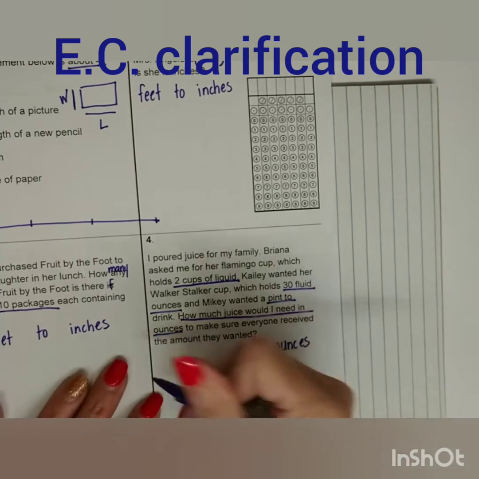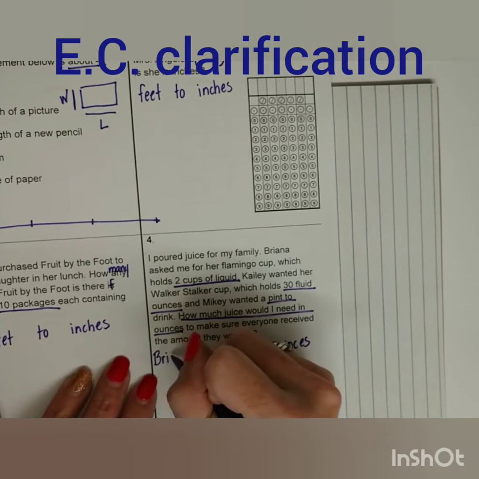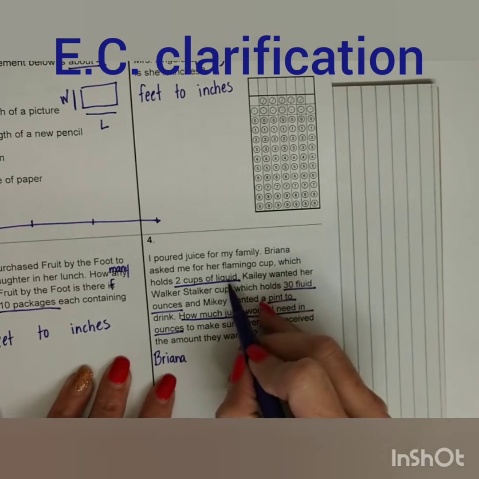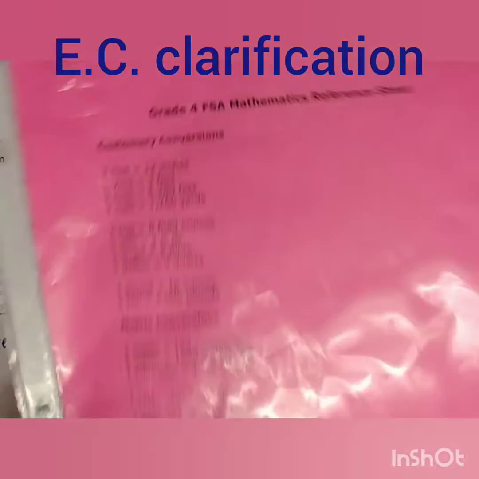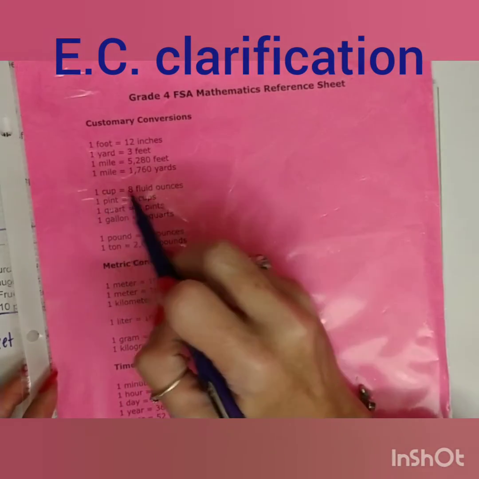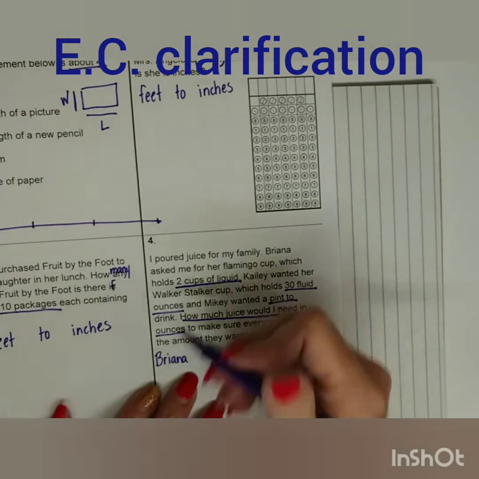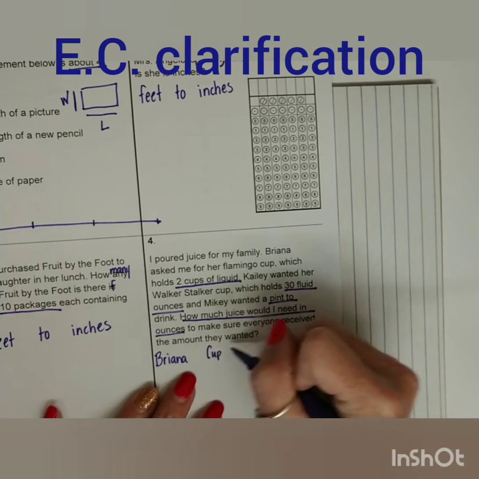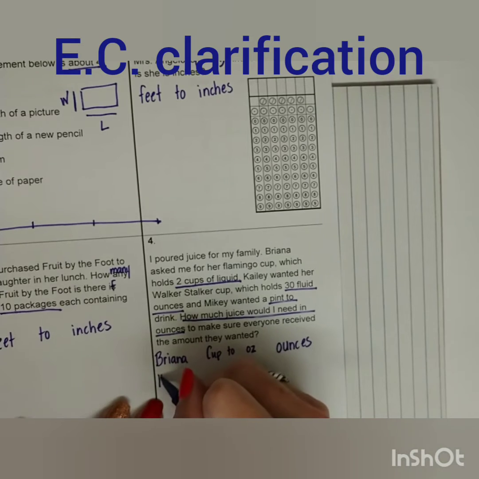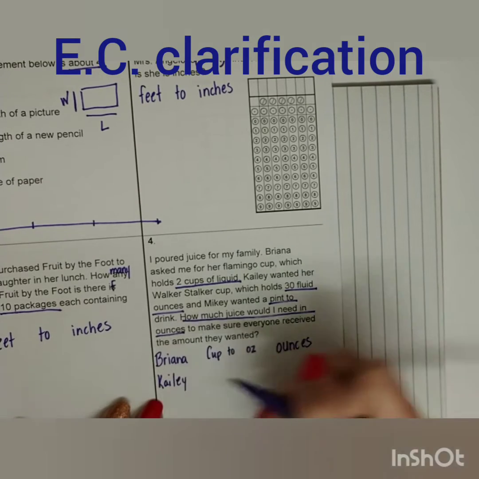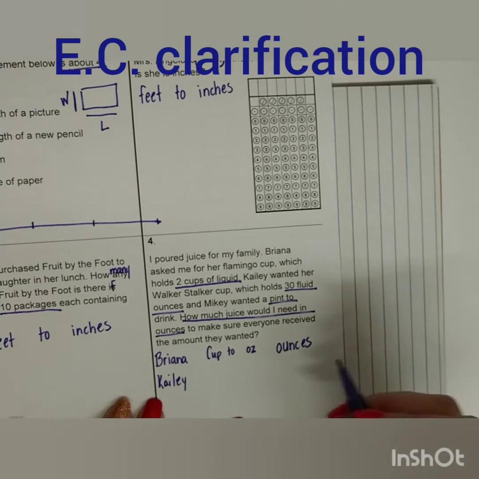All right, and what we have to do is think of each person. So Brianna, hers is in cups. So we need to go cups to ounces. We have that there. So Brianna, you're going to take cups to ounces, and OZ for ounces. And then Kaylee, hers is already in ounces, so I don't need to do anything.